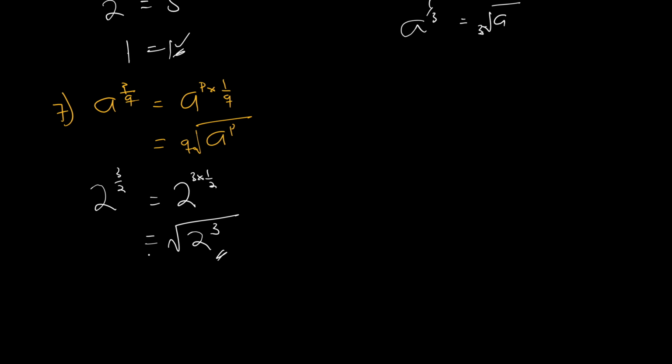Now, with this being said, we can also express whole numbers as numbers with indices, bases or powers. If we pick a number like 8, 8 can be written as 2 times 2 times 2, and this is equal to 2^3.